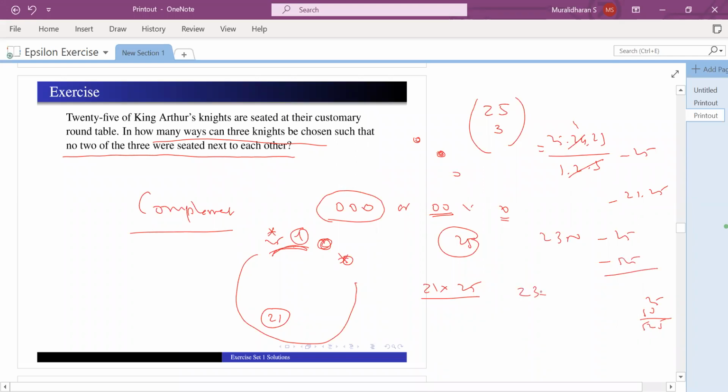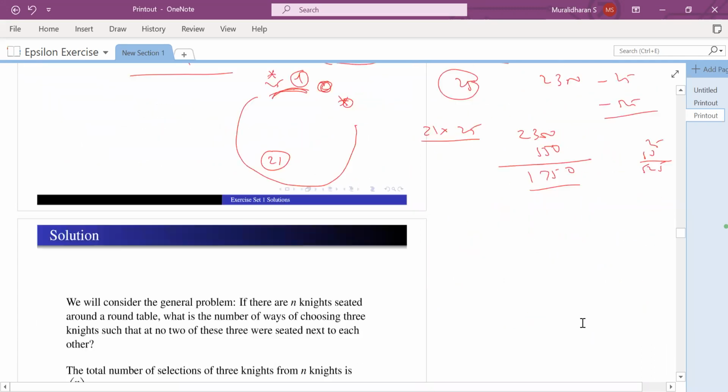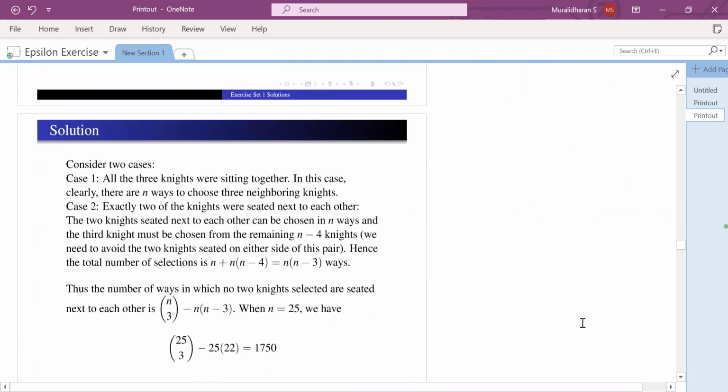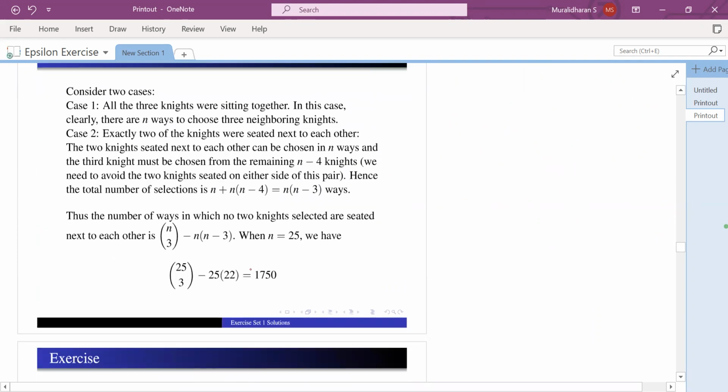So 2300 minus 525 will be 1775. So that will be the number of ways of choosing 3 in which no 2 are adjacent.